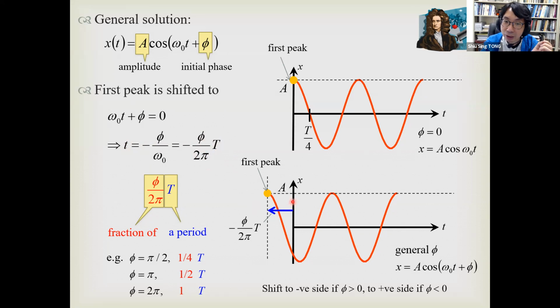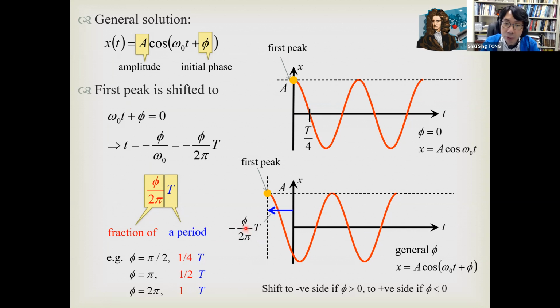So if phi is positive in this diagram, the whole curve will be shifted to the negative t side by an amount of phi over 2 pi T. So a positive phi corresponds to a shift in the whole curve to the negative side. If phi is negative, then the whole curve will be shifted to the positive side by the same amount. Okay, so that is the idea of the phase.